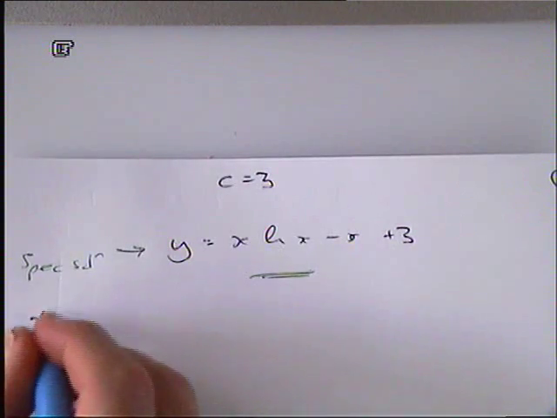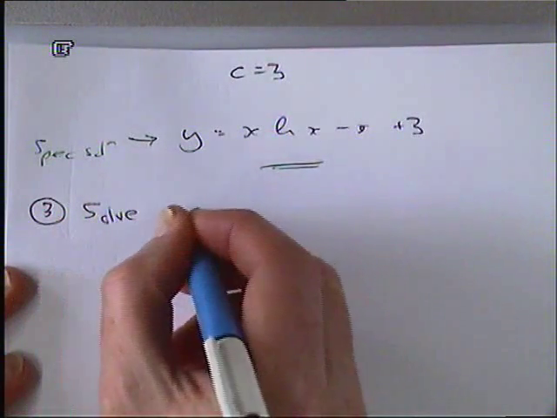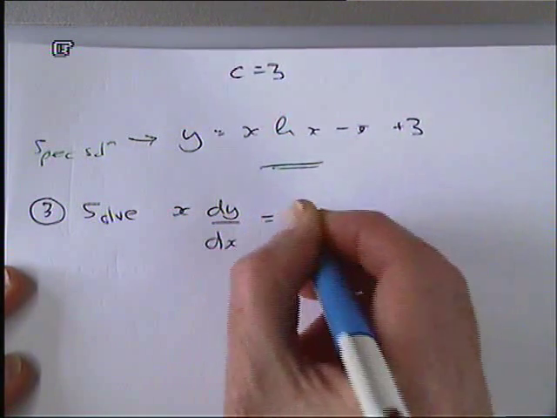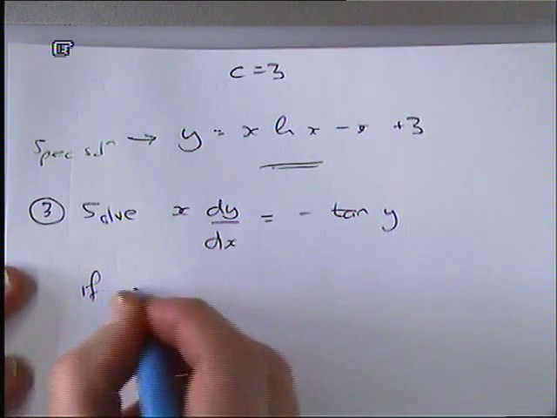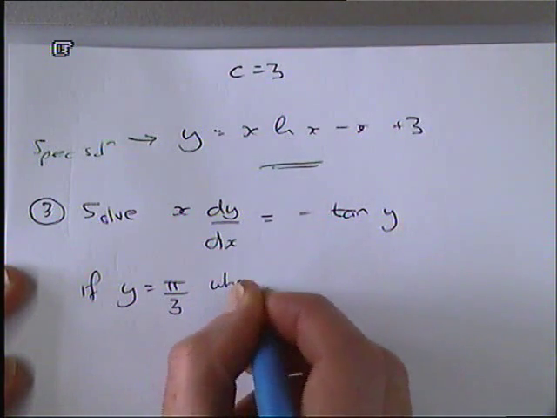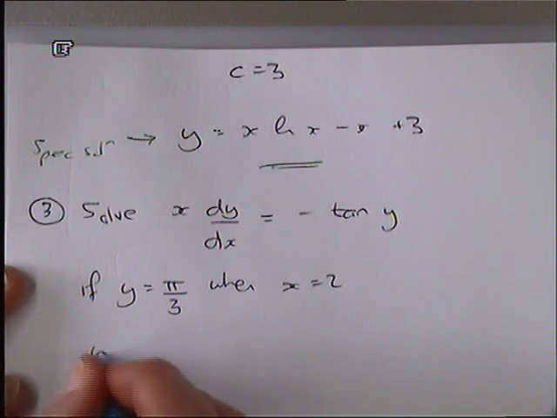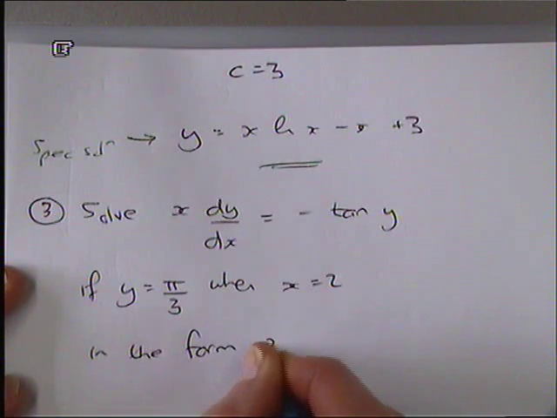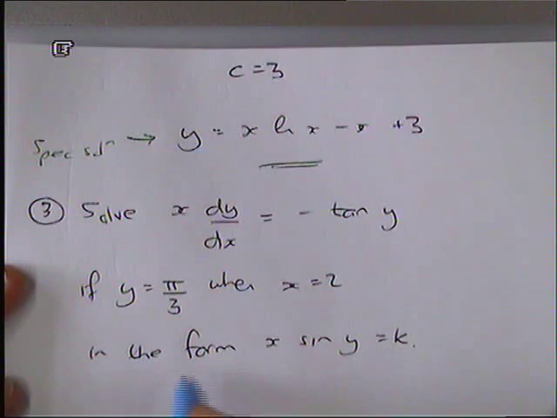Number 3. Solve x dy dx equals minus tan y, if y equals pi by 3 when x equals 2, and we've got to solve it in the form x sine y equals k.